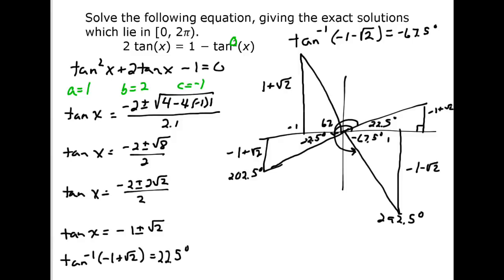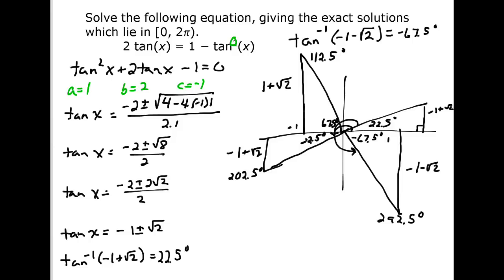So we have a 67.5 degree reference angle here, and that makes this angle 180 minus 67.5, or 112.5 degrees. So we have four answers: 22.5 degrees, 112.5 degrees, 202.5 degrees, 292.5 degrees.